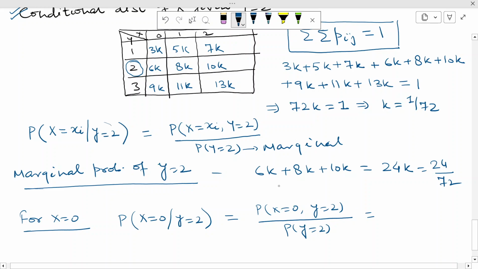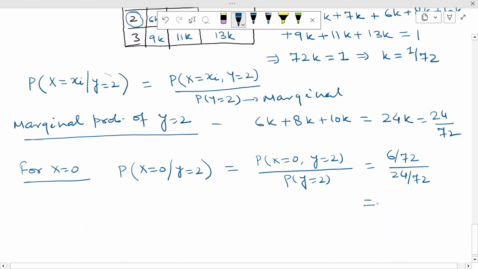This joint probability is given here. For x equals 0 and y equals 2, the probability for this pair is 6k, and putting the value of k, which is 1 by 72, this is 6 upon 72, and you have 24 over 72 as the marginal. On solving you will obtain 1 by 4.